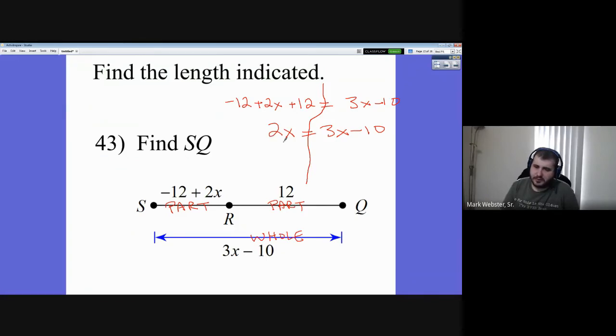If I subtract this 2x over to the other side, what's going to be left on the left-hand side? Nothing, right? Is that going to help us get to the answer? So don't do it that way. It's complicated, it's annoying, and it's not what you want to do. So do yourself the favor of taking this guy and subtracting that over.